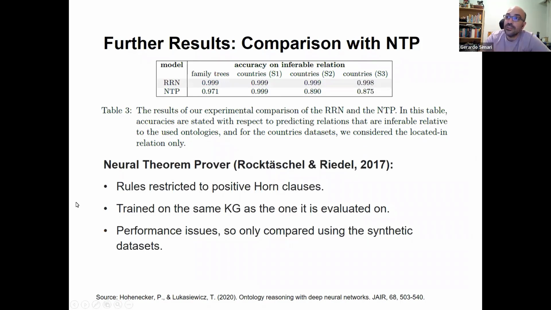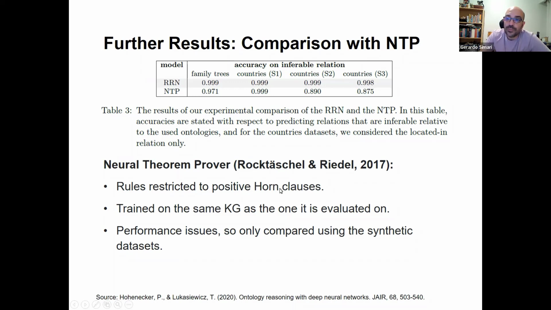The comparison with the neural theorem prover is one of the questions that we had. Also, the RNs come up on top, not by that much in some cases, but typically they do win. But the kind of rules that the neural theorem prover encodes are restricted to positive Horn clauses, so kind of like Prolog.